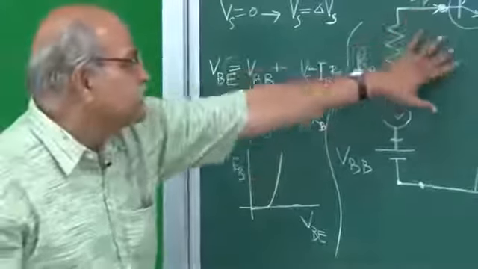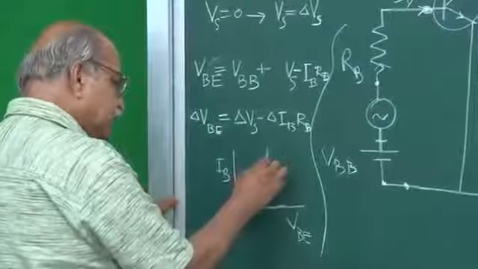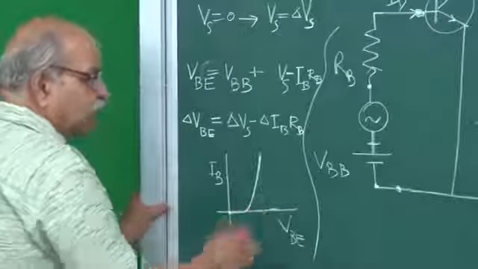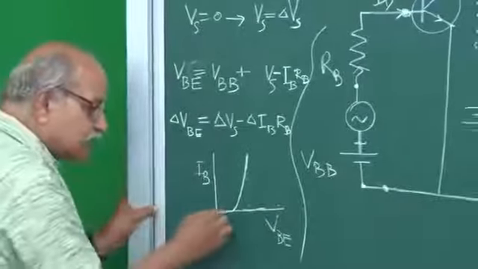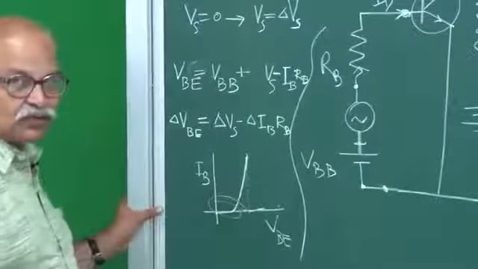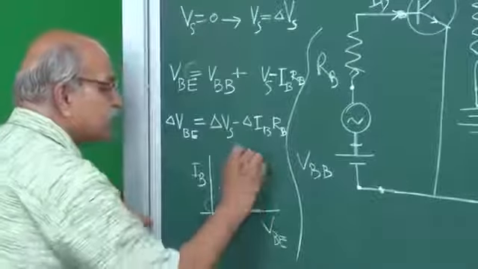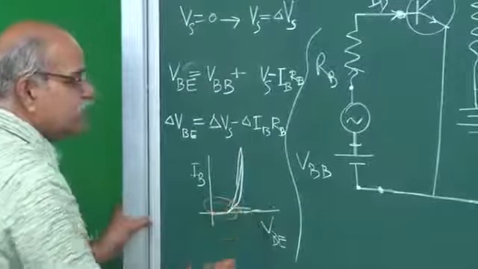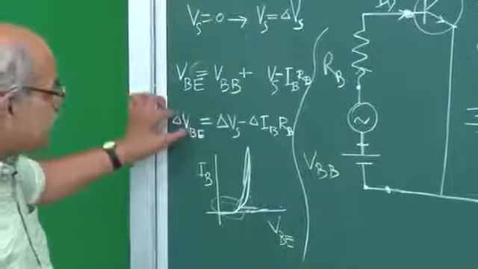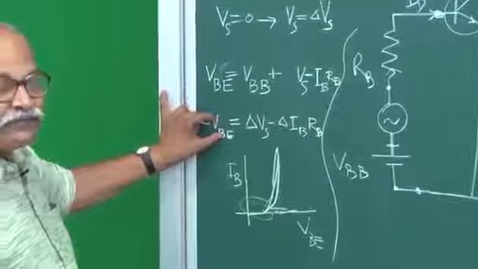This VBE has almost a fixed value; you cannot go beyond that. If it is too low, you are in the cutoff region, your current is 0 or almost 0, and then suddenly it rises. So you cannot really change VBE much. So delta VBE, the change in VBE because of this signal, is going to be very small.